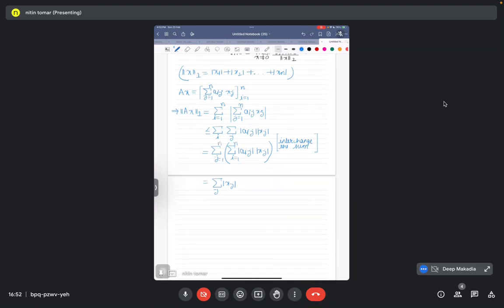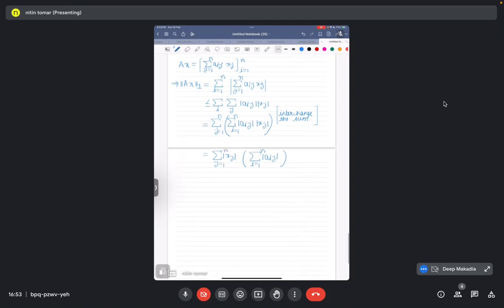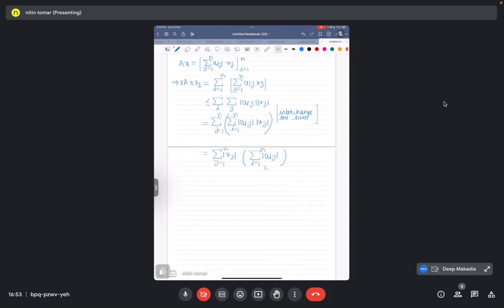Am I correct? So in the bracket, you will have mod a_ij, i going from 1 to n. Correct? Now what is this? This is the absolute column sum, right?